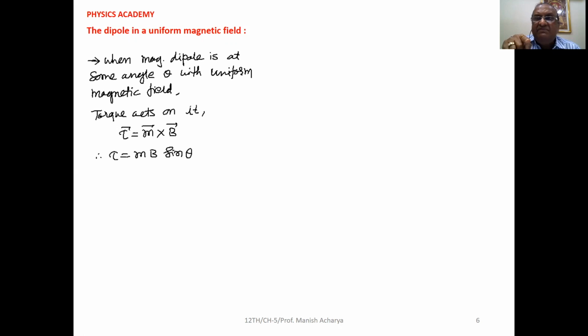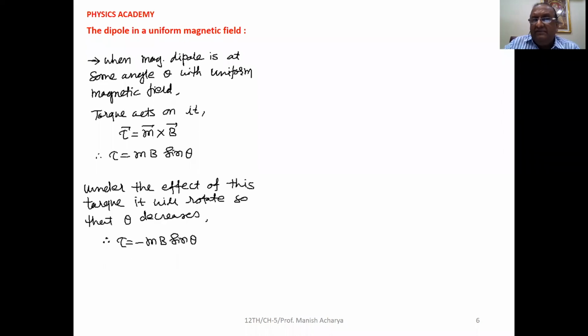The torque produced rotates the dipole in the direction opposite to theta, and therefore we have to introduce a negative sign. So tau is minus MB sine theta.